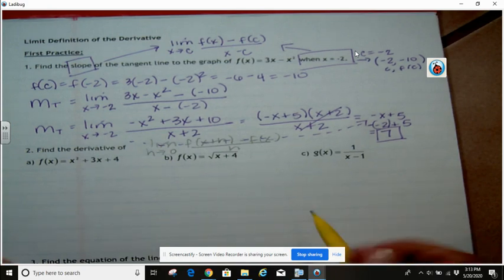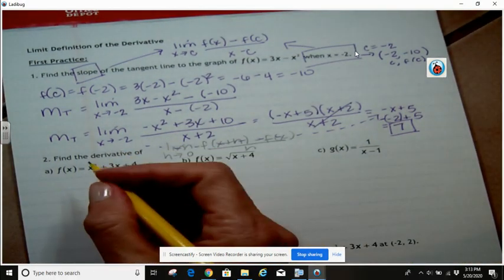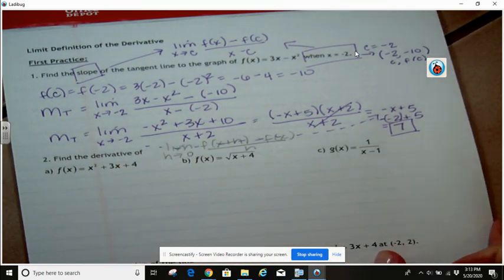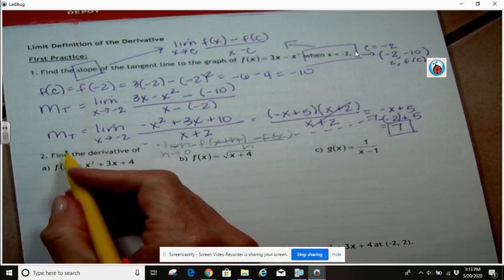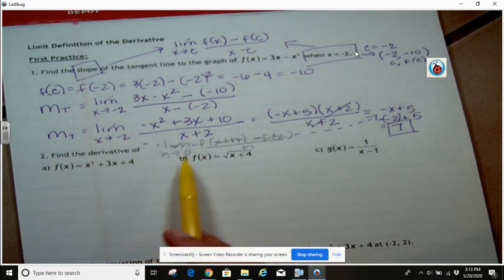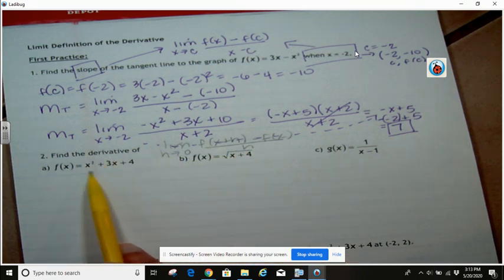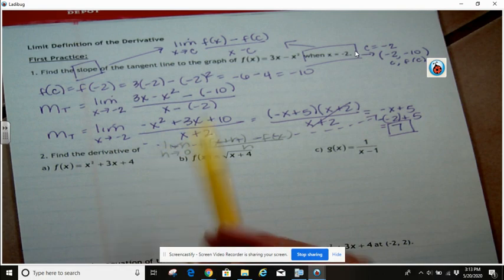Sort of a new formula that we could then use if we did have an x value to plug in there. All right, so for A, I'm probably going to just use this whole space for A, and then I'll just go into extra paper for the other part. Okay, so the formula is the limit as h approaches 0 of f of x plus h. So we take the expression over here, and we just replace all the x's with x plus h.